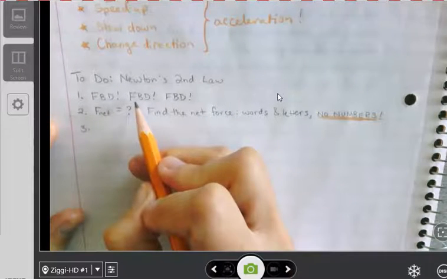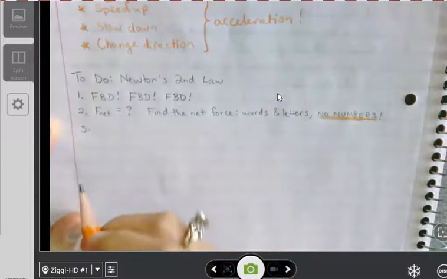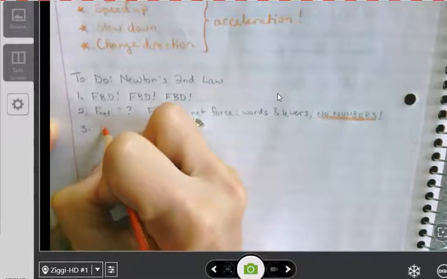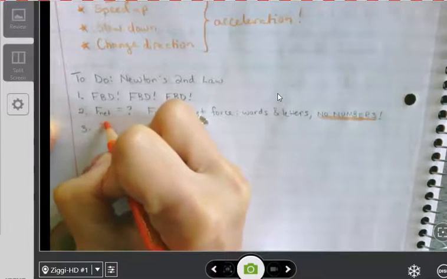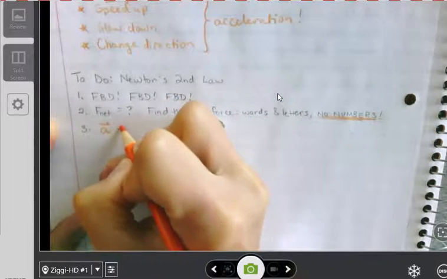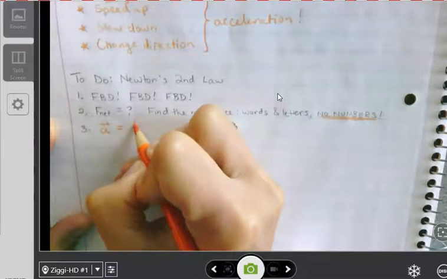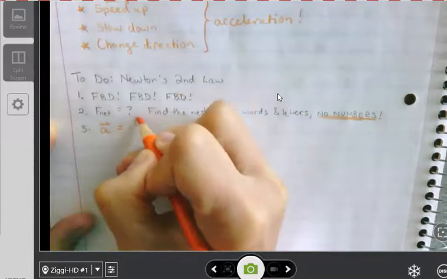Once you have a free body diagram and an equation with words and letters to go with it, then and only then will you be ready for Newton's second law. Here's the formula you've been waiting for. Acceleration. It's a vector. Check the direction. If it's slowing down or going backwards, is that direction possibly negative?